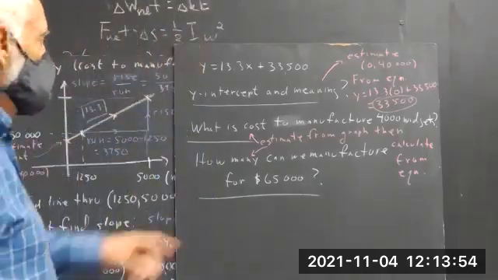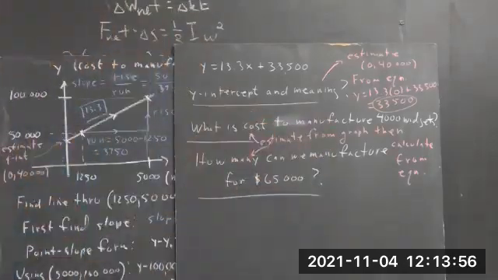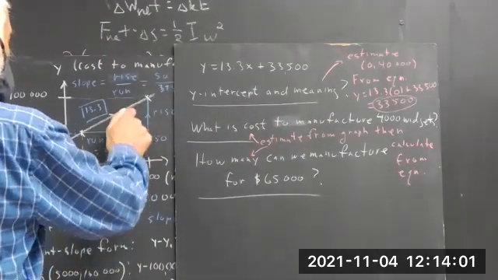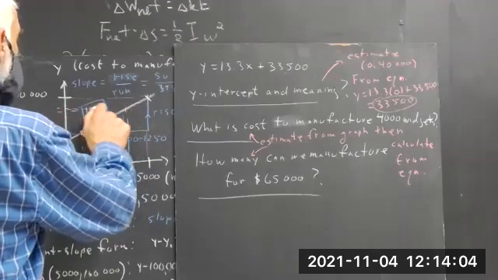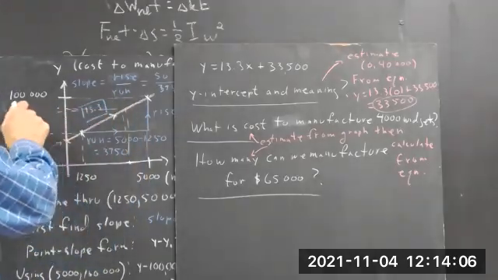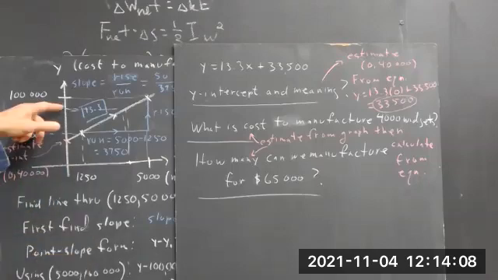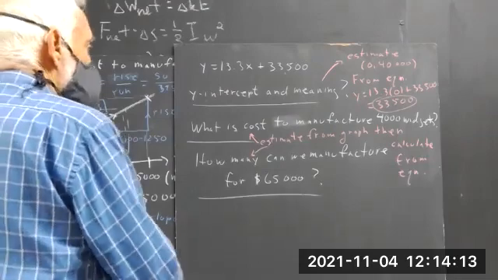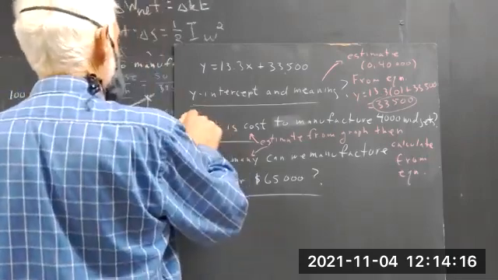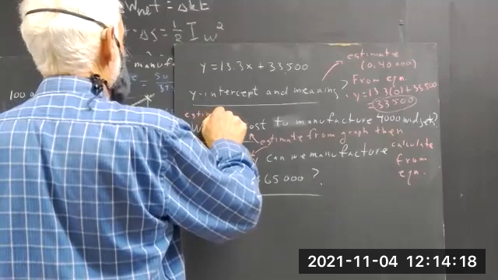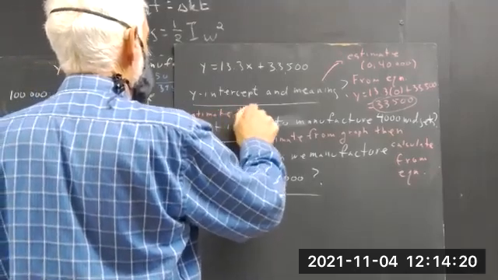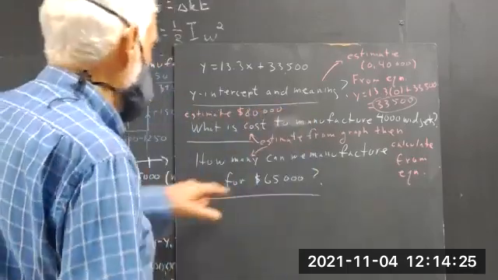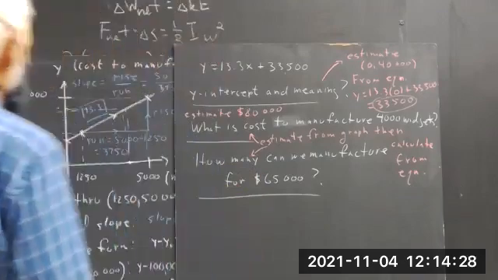Okay. To manufacture 4,000 widgets, fairly straightforward. You find 4,000 here, come up here, over here. Get an estimate which might be 80,000. So maybe $80,000. Okay. And how much can we manufacture for 65,000?